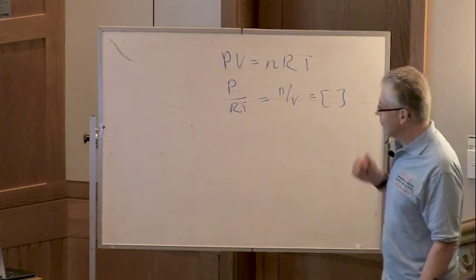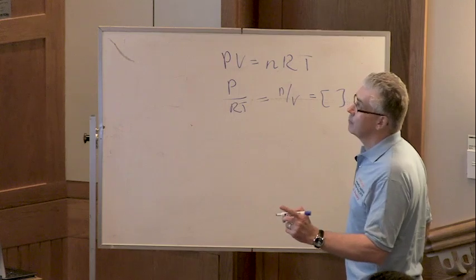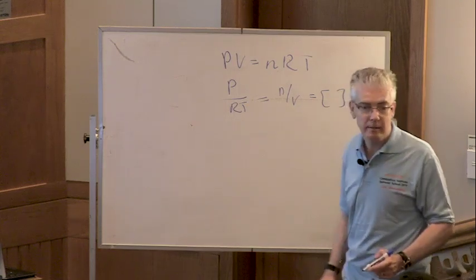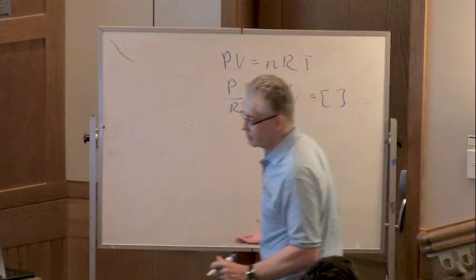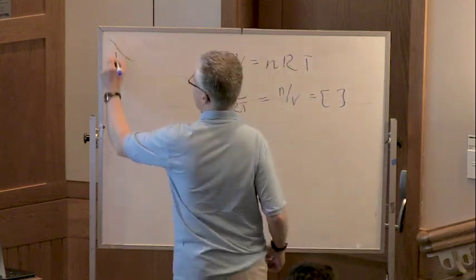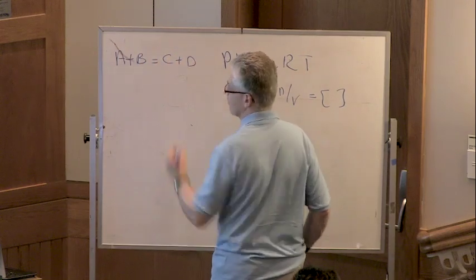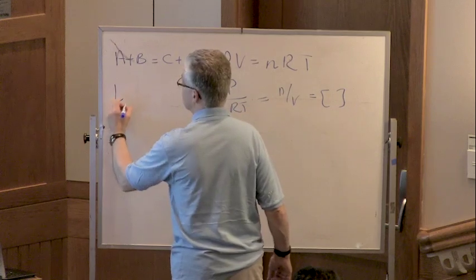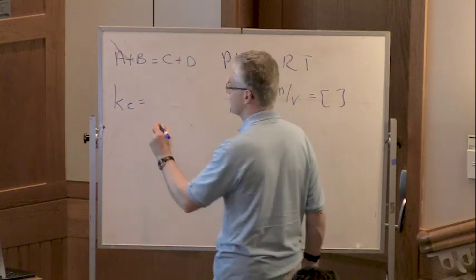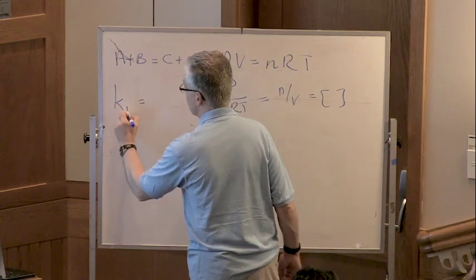So if we have A gives B, for instance, or, well, let's just take an example: A plus B gives C plus D. We have Kc equal to, I'll write Kp first.